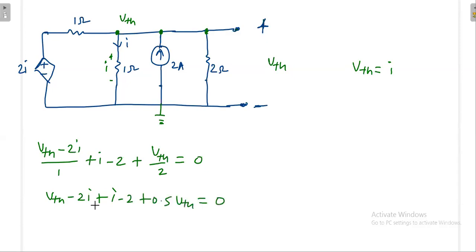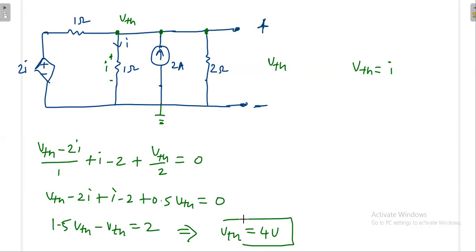Instead of I, you can put V Thevenin. Already 1.5 V Thevenin is there. This is minus 2I plus I, equal to minus I, so minus V Thevenin, and the 2 will come to that side. So finally, what is your V Thevenin? That is 4 volt. So I have found out what V Thevenin is.